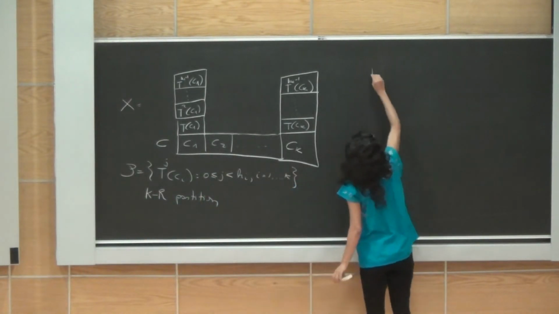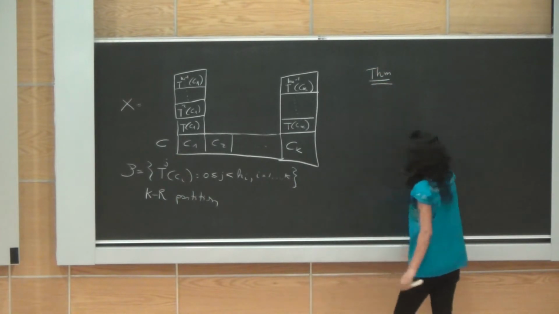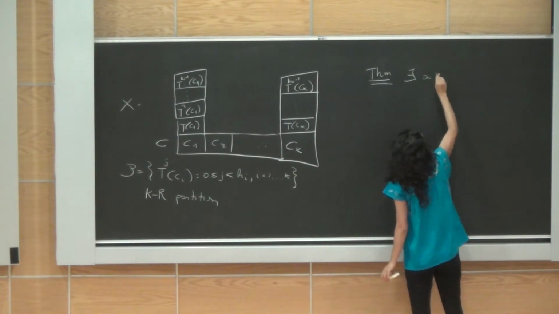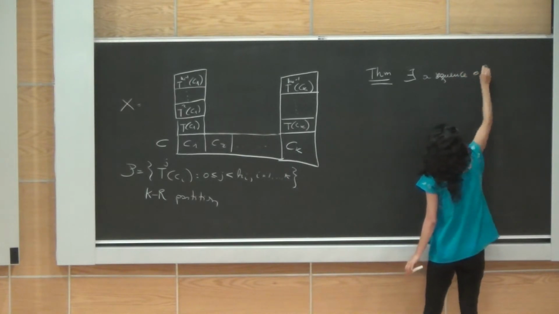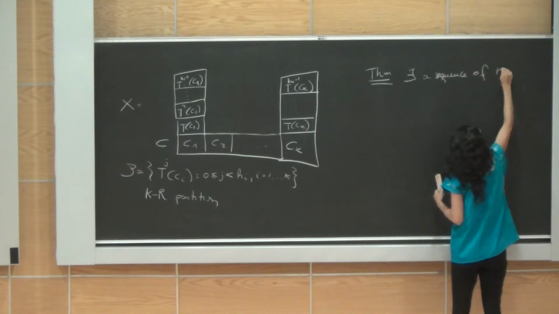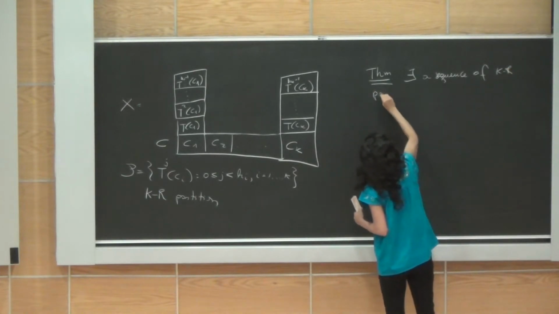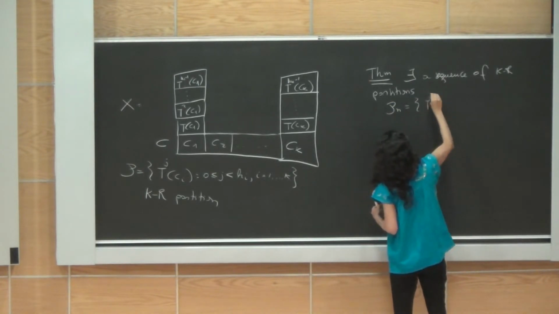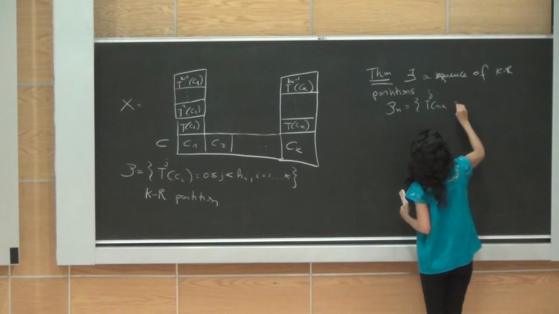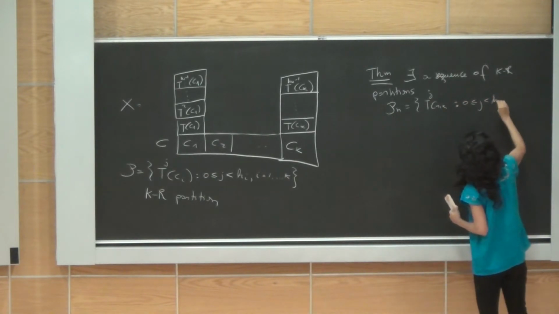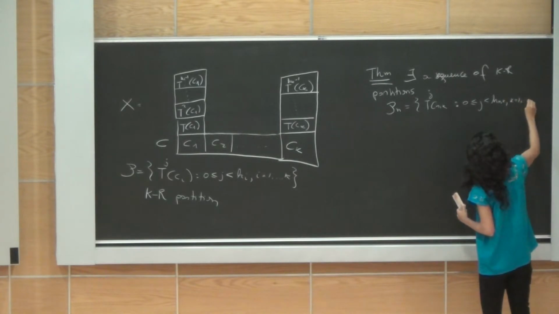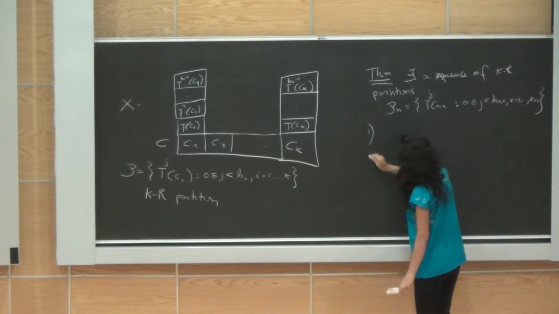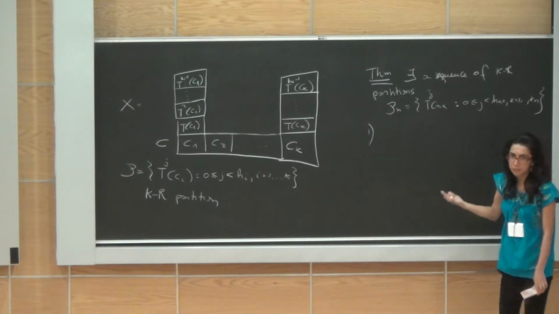There always exists a sequence of Kakutani-Rokhlin partitions such that the partition n plus 1 is thinner than the partition n.